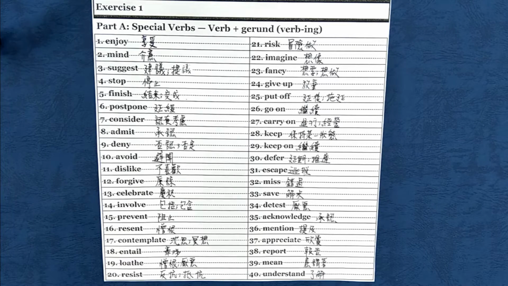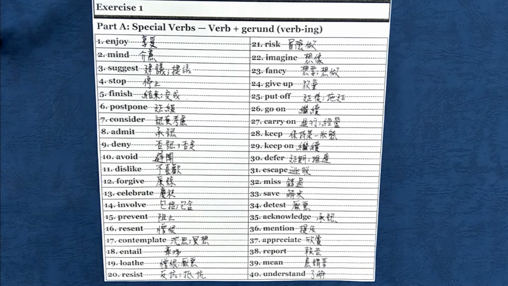Okay, exercise 1. Part A, special verbs. You can change any verb into a noun by adding ing. The verbs that I have in Part A are all very special because these verbs are followed by gerunds.